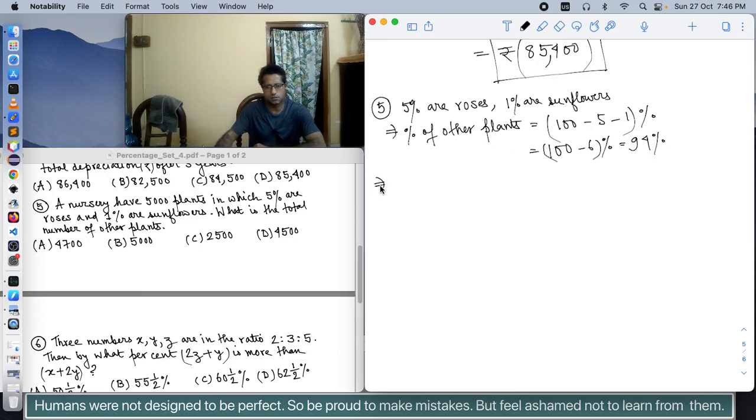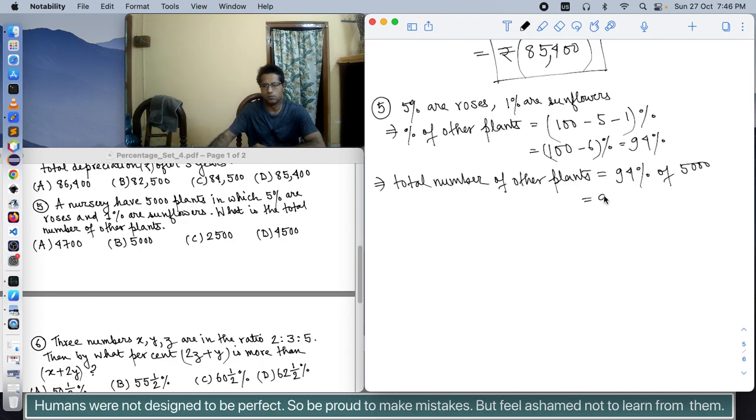This percentage is based on the total number of plants, which is 5000. So the total number of other plants will be equal to 94% of the total number of plants, that is 5000.